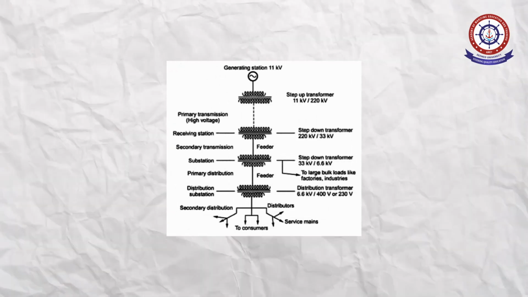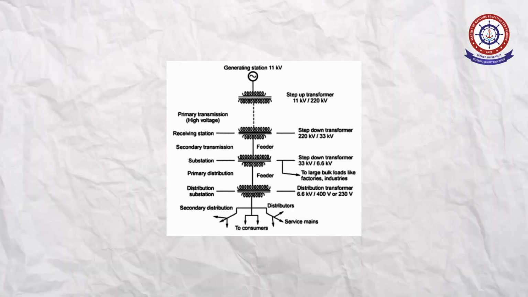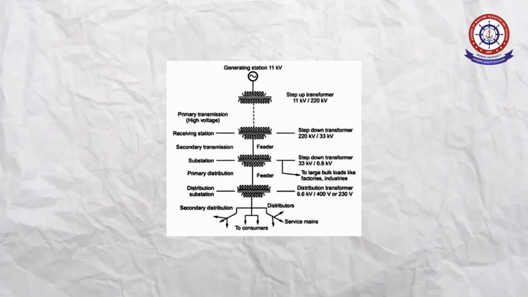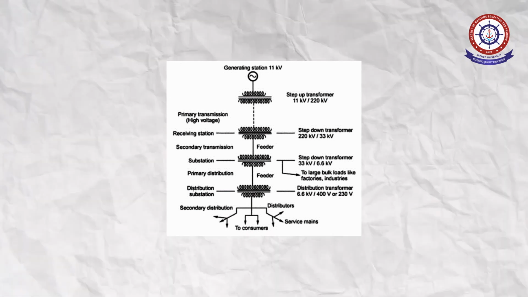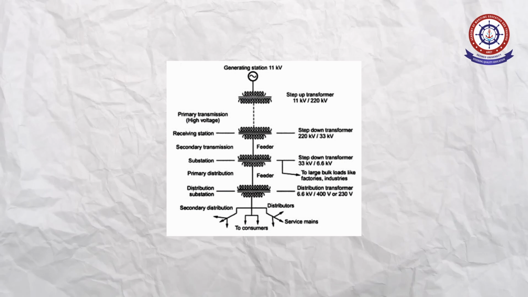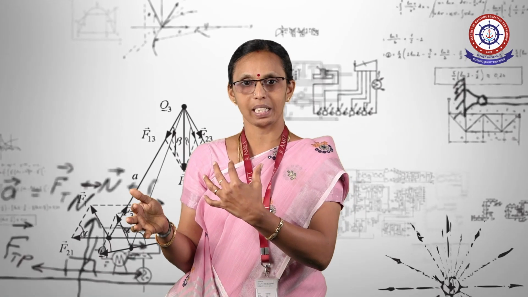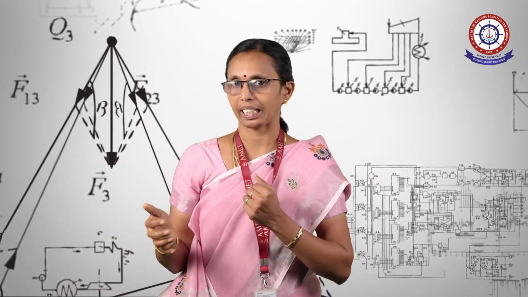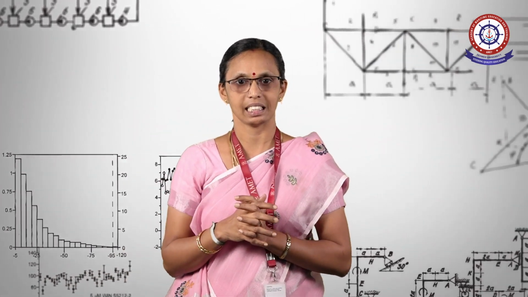The transmission of power from the sending end station to the receiving end station is called primary transmission. It is a high voltage transmission. At the receiving end station, the voltage level, 220 kV for example, gets stepped down to 66 kV.